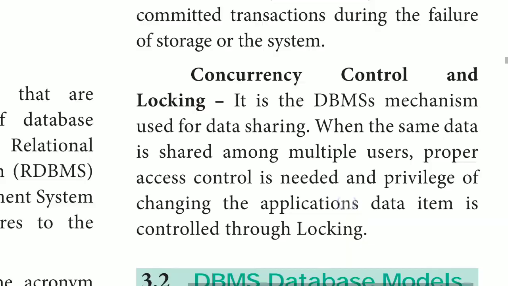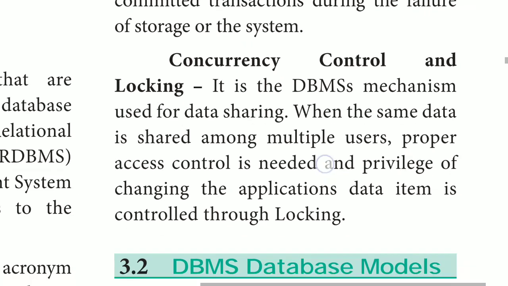Proper access control is needed, and the privilege of changing the application data items is controlled through locking. So not everybody is able to access the data. Only the few members who have the privilege can use the data, and others will not be able to use it.